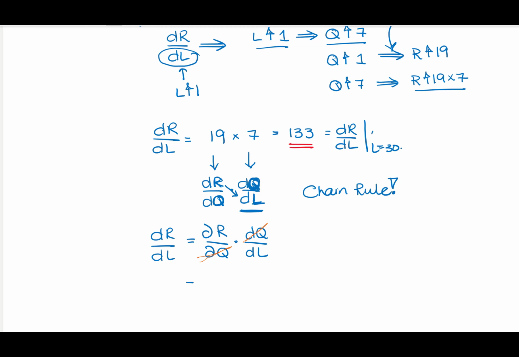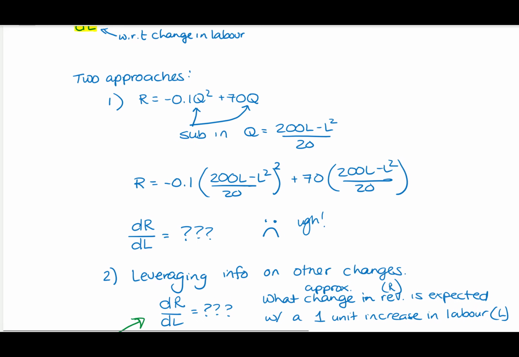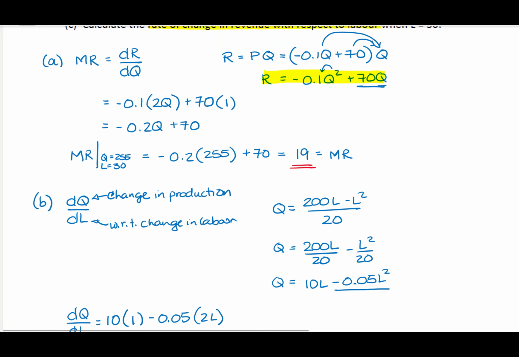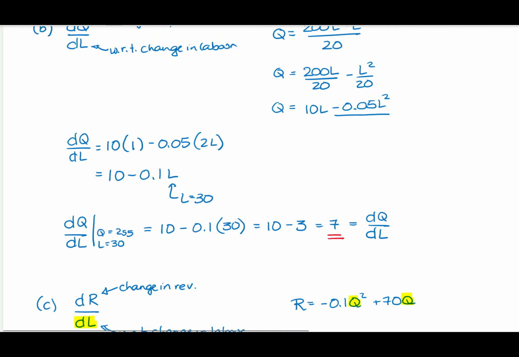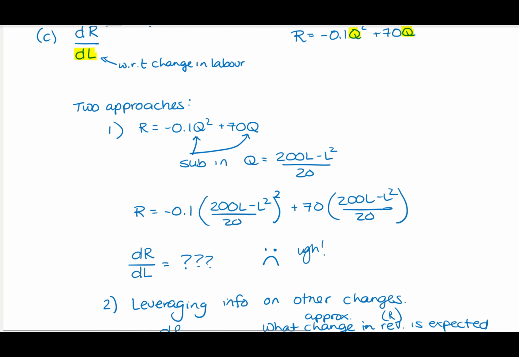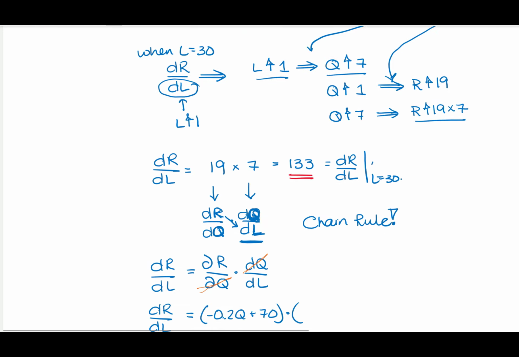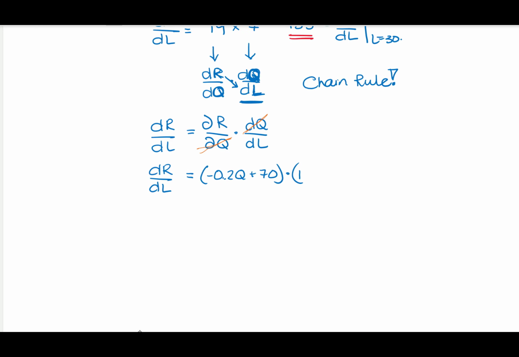So in the end, we could even write this as an expression. dR/dL would be our dR/dQ, which was given to us over here, negative 0.2Q plus 70, times dQ/dL, which we had over here, 10 minus 0.1L.